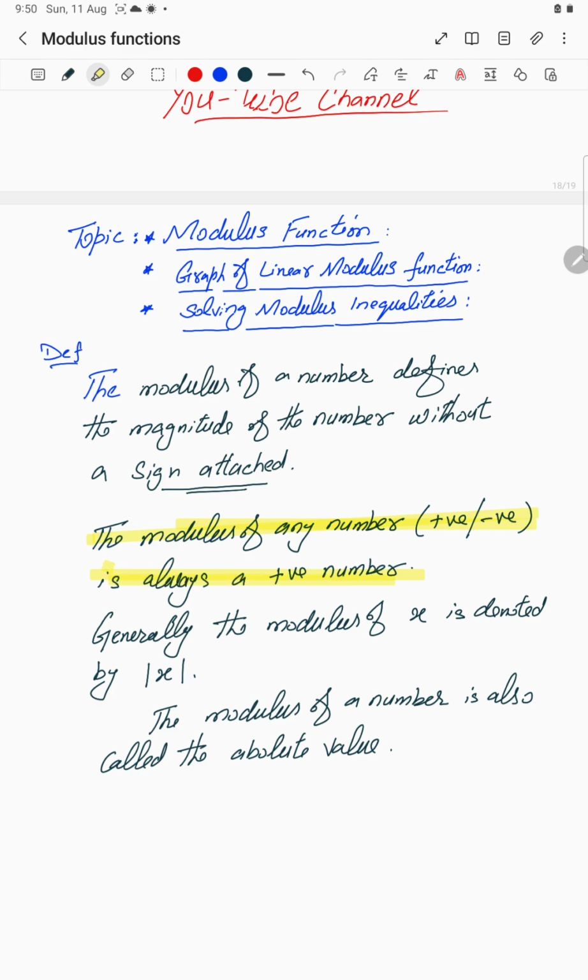Let me highlight it, because you need to know this.